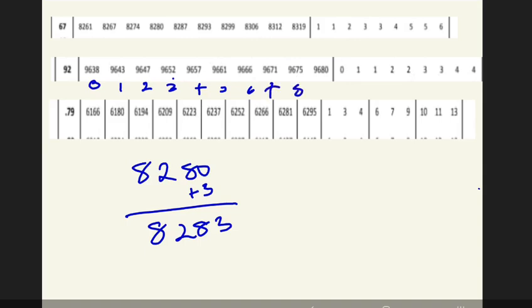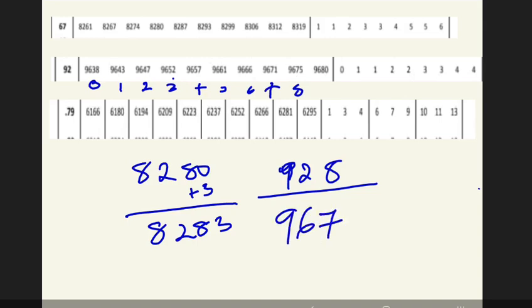So it gives you 9675. That is how we find the logarithm value of a number. So the logarithm of 92 under 8 gives us 9675.